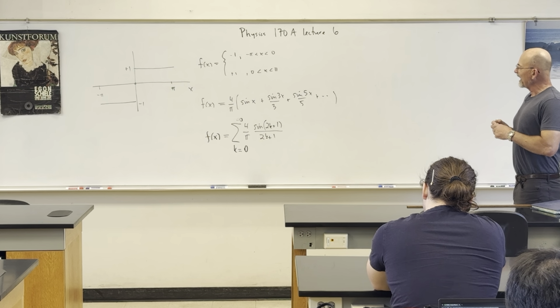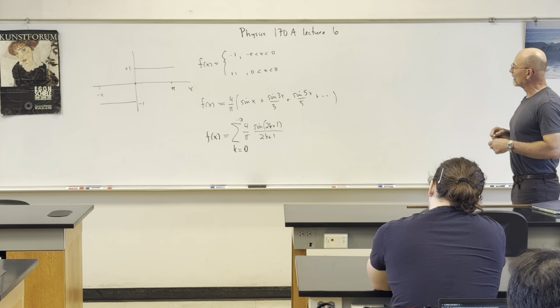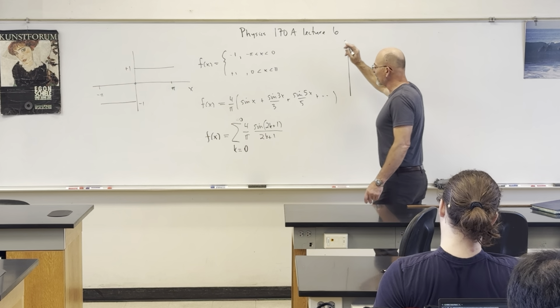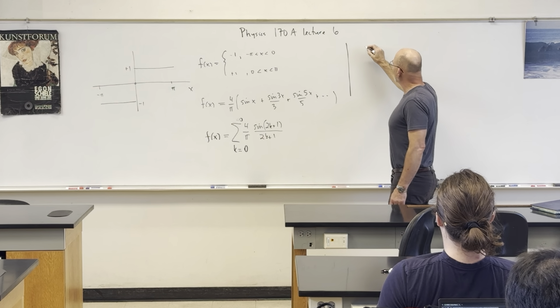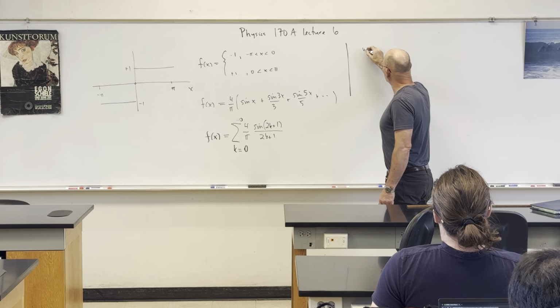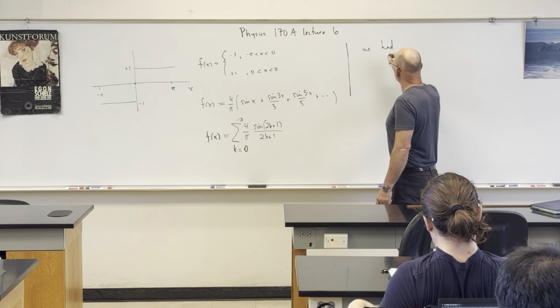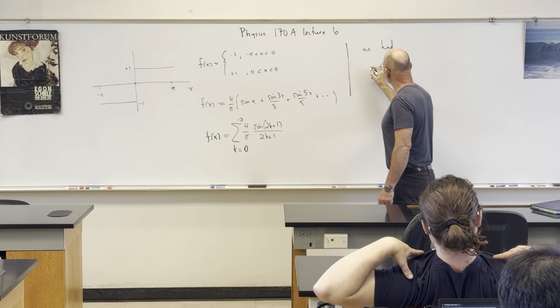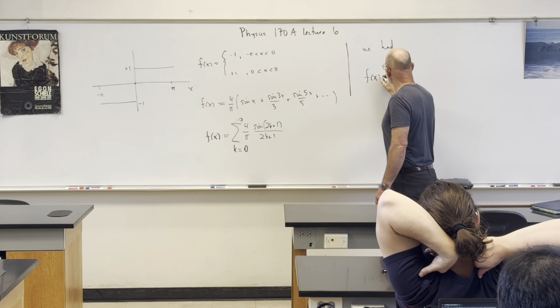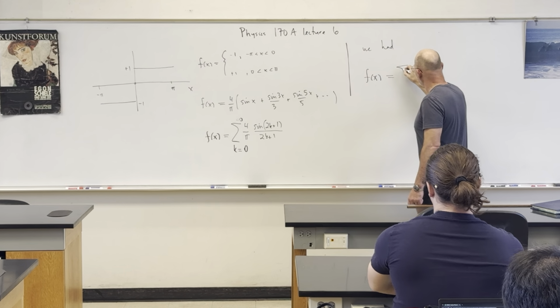So be that as it may, how did that happen? That's the question. And what we had was, so we kind of work our way backwards. We had the question, what if we can expand a function in this form here?